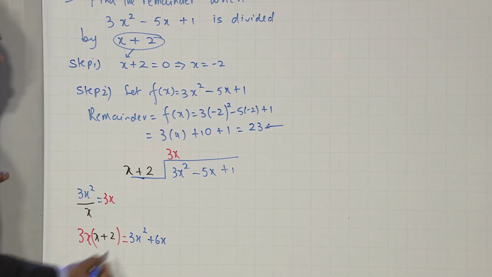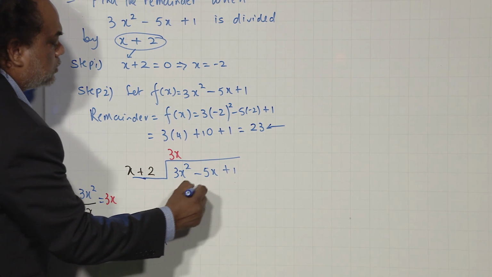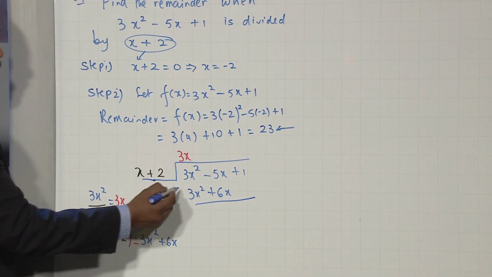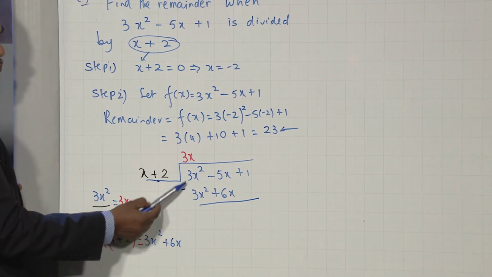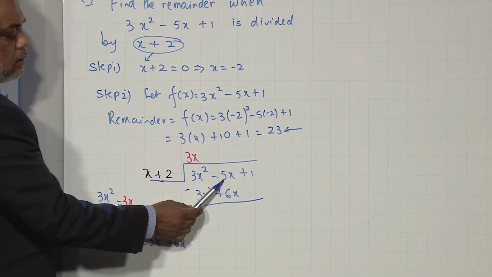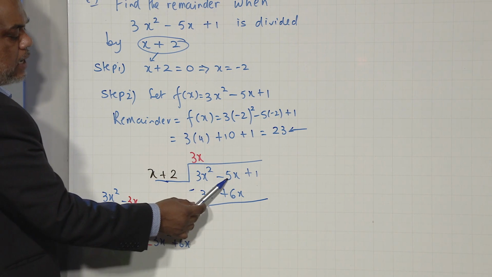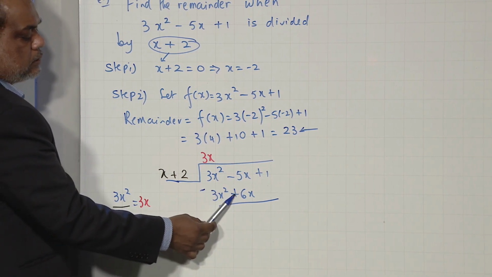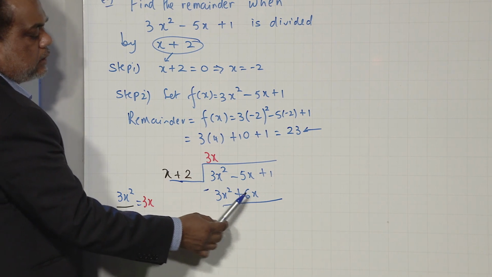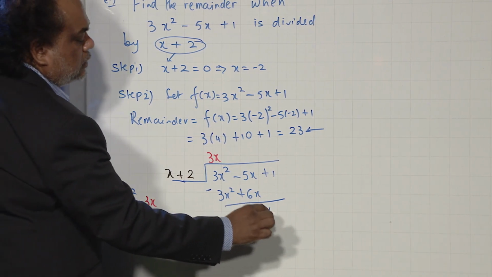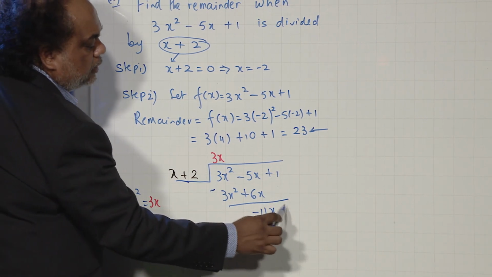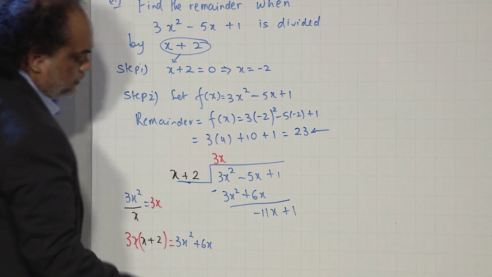Here we always subtract: 3x squared minus 3x squared is 0, minus 5x minus plus 6x is minus 11x. 1 minus nothing here, so it remains plus 1.